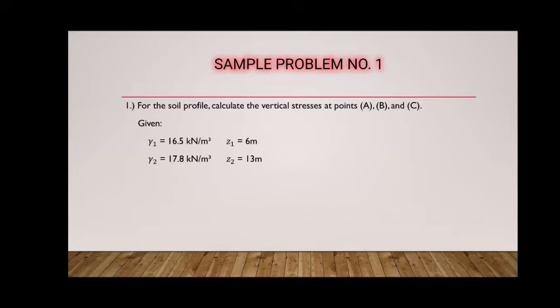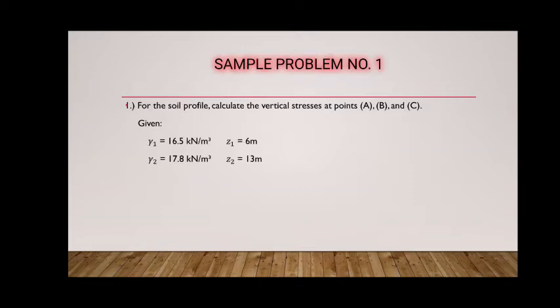Okay, let's proceed to sample problem number 1. For the soil profile, calculate the vertical stresses at points A, B, and C. For our given, delta sub 1 is 16.5 kilonewton per cubic meter and C sub 1 is 6 meters.